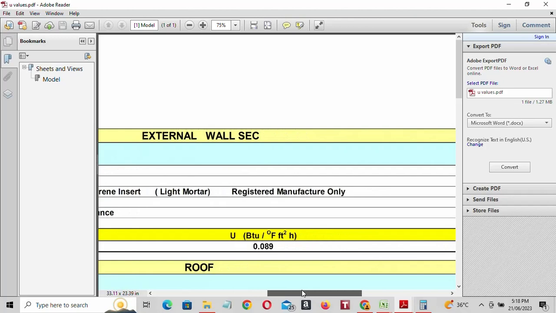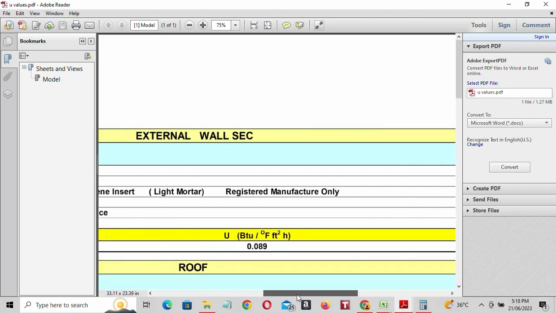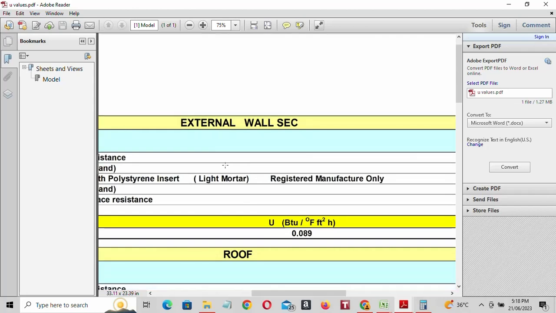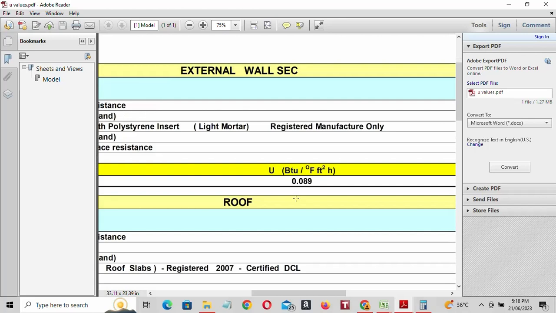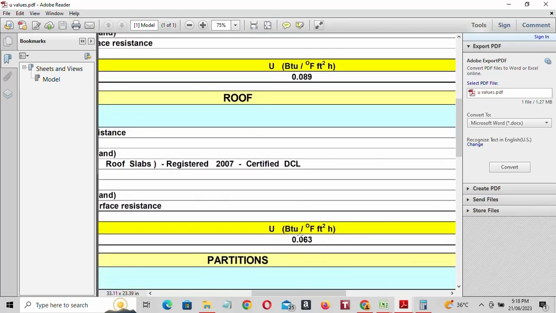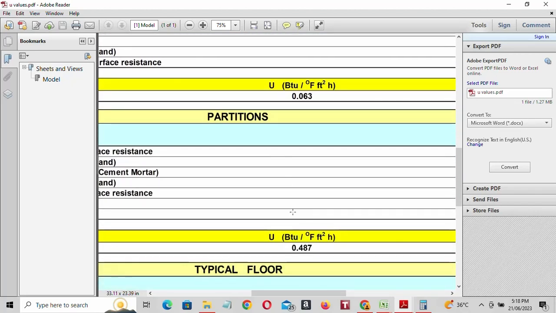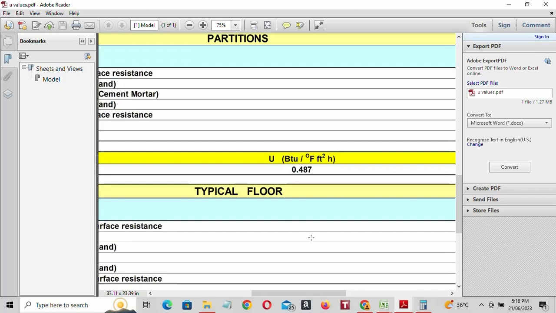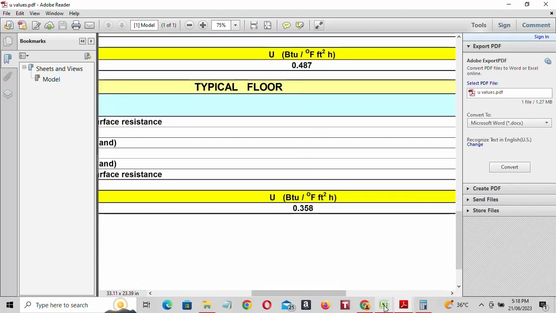If you do not get it from civil people, you have to take the standard U value, okay. Guys, please note down. For external wall, U value is 0.089, and for roof U value is 0.063, and for partition U value is 0.487, and for typical floor U value is 0.358, okay.